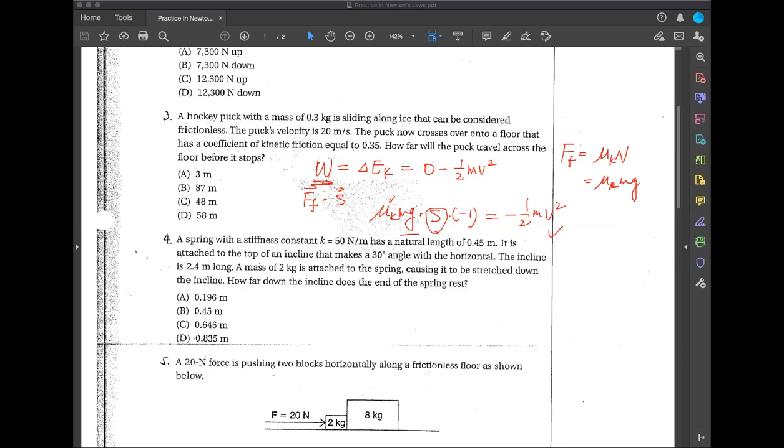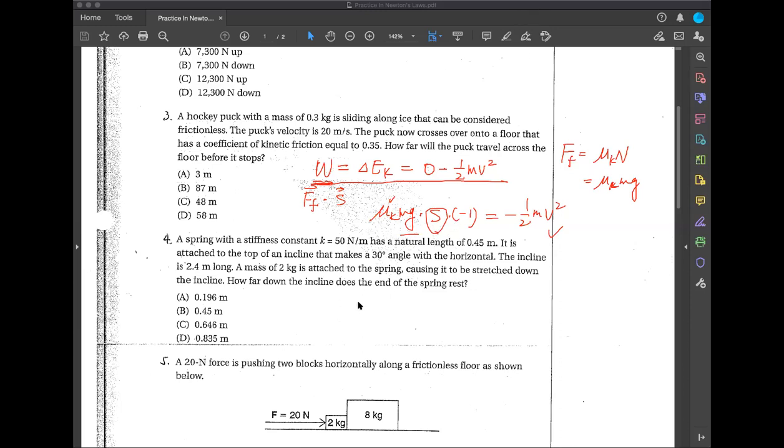Any question from this equation? Nope. Okay, good. All right, so this is number 3, right? So you just simply plug in and you can solve it.